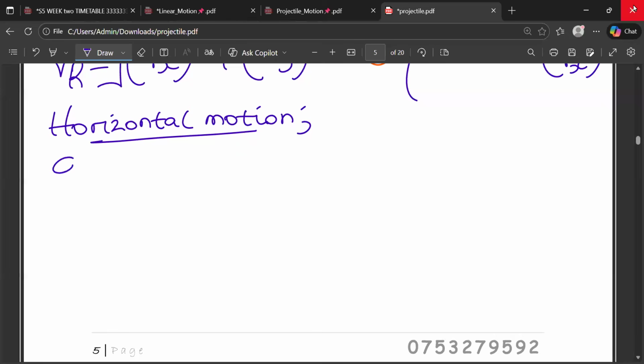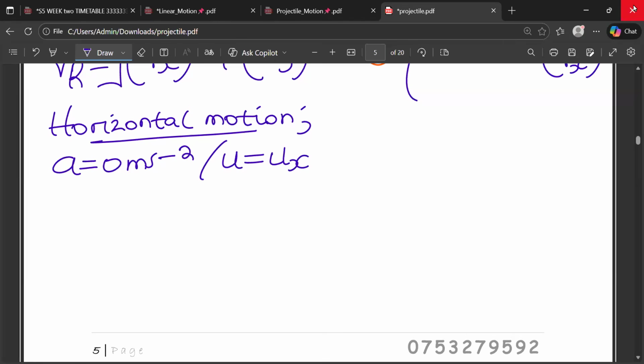We said that since it is purely horizontal, when you ask for the acceleration, that one will just be 0 because the motion is not under the influence of gravity. So it is 0, nothing else. Then the other thing you need to understand is that your u, which is initial, is just ux.